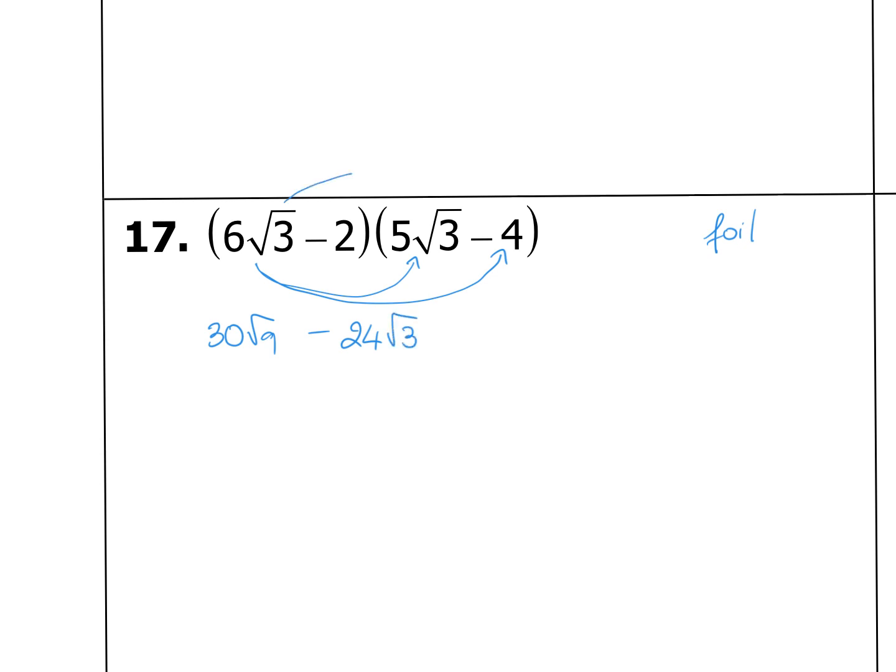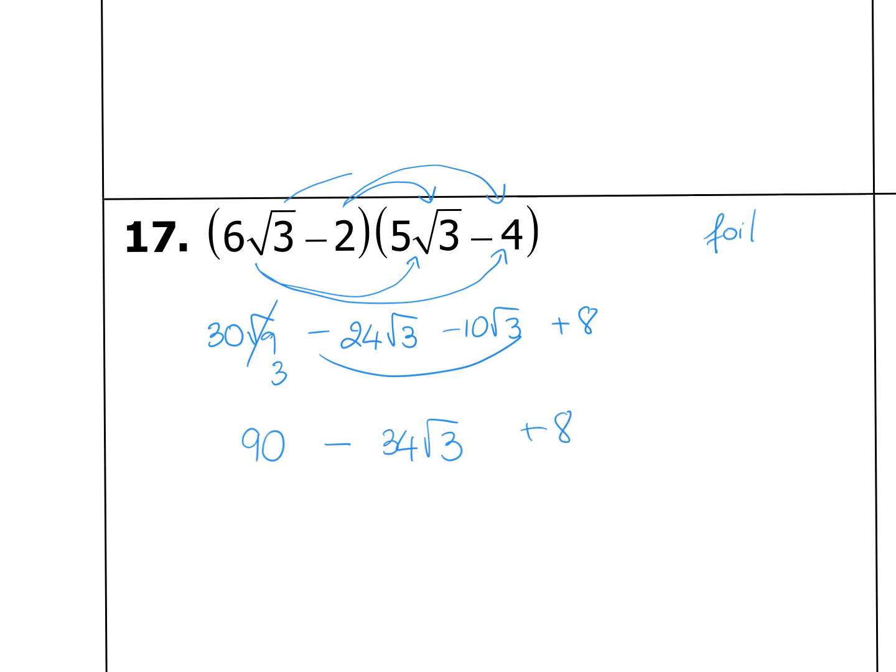Outer, we have negative 10 square root 3. And last, positive 8, negative 2 times negative 4 is negative 8. Square root 9 is 3, 30 times 3, 90. Minus 34 square root 3, because they are like terms, adding. 8. Last but not least, 90 and 8 can be combined. So that is my final answer.